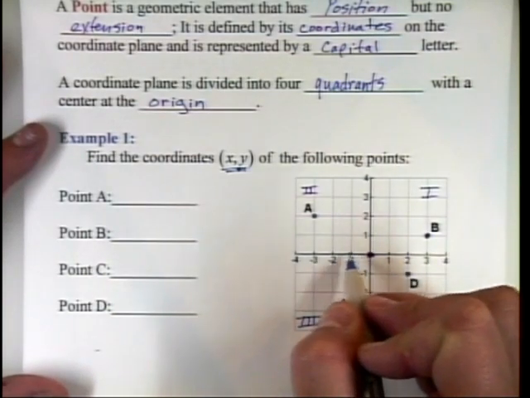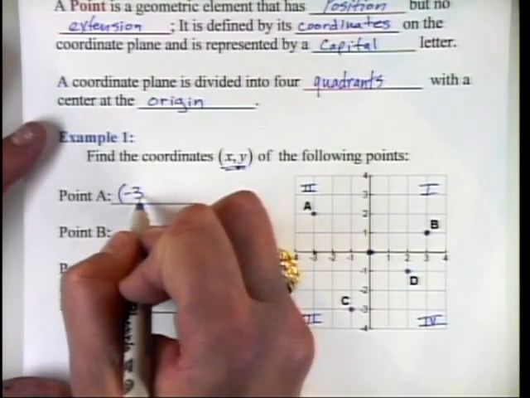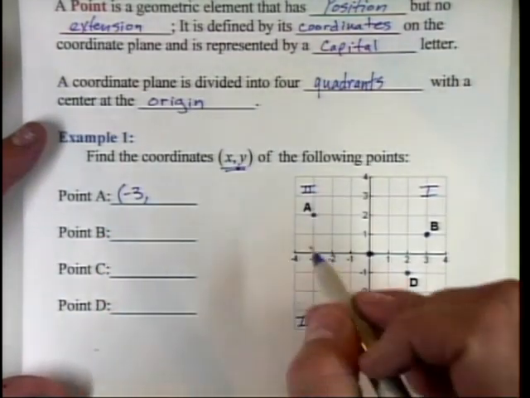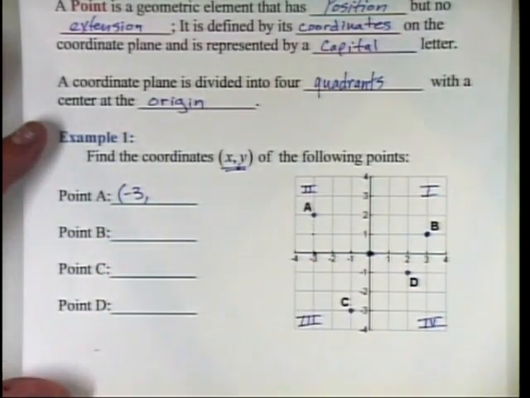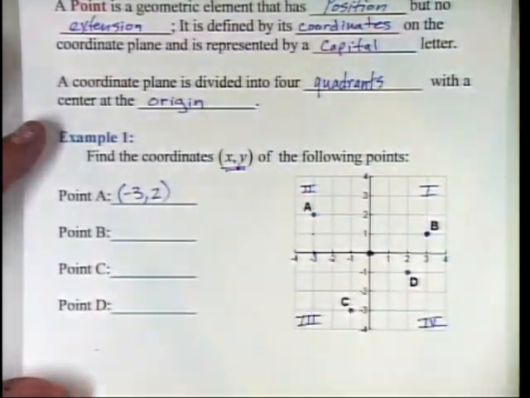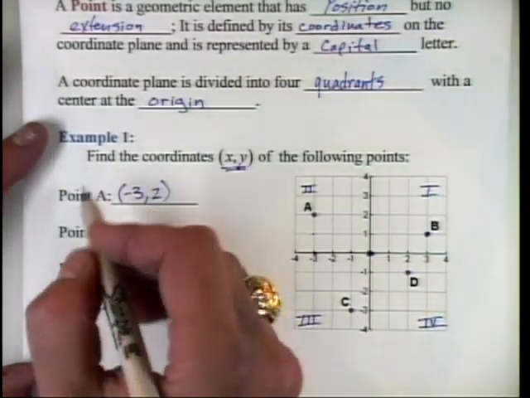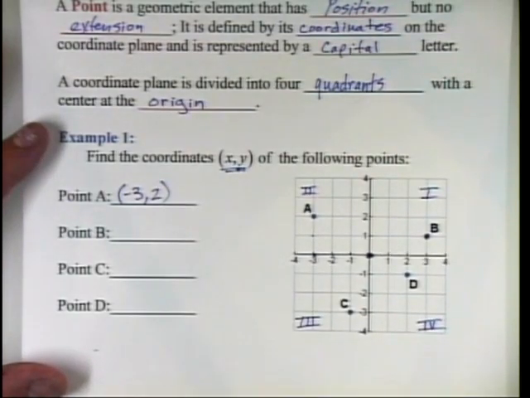I have to go left 1, 2, 3 units, so my x-coordinate is -3, and then from there I go up 2 units to land on A. So up is the positive direction, so the coordinate of point A is the ordered pair -3, 2. And we typically denote it inside parentheses.